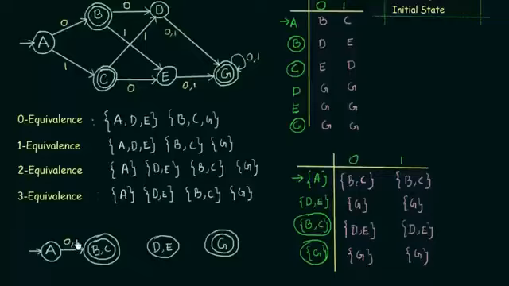BC on both inputs 0 and 1 goes to DE, and DE goes to state G on 0, and also on 1 it goes to state G.